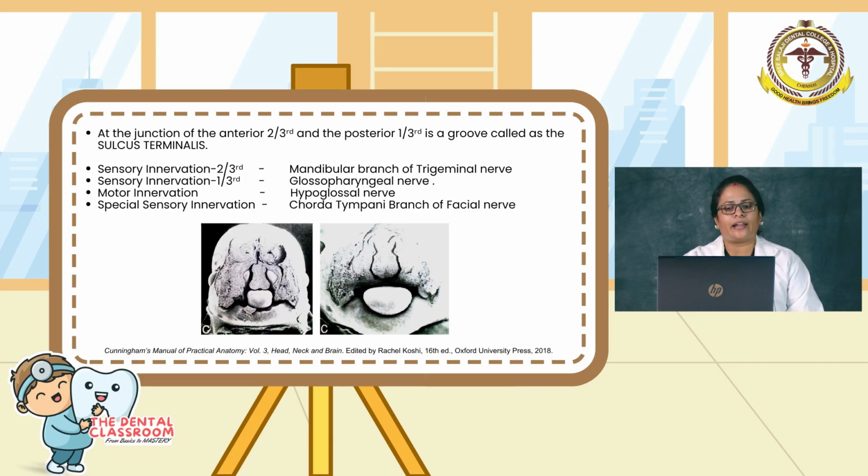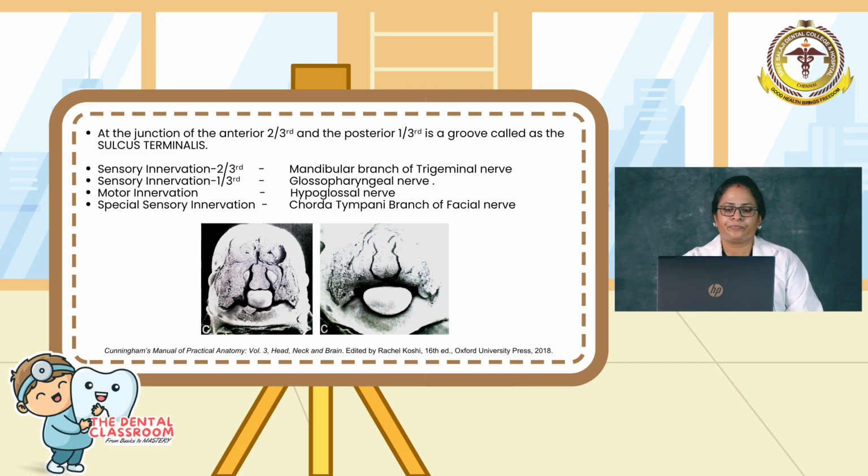At the junction of the anterior 2/3 and the posterior 1/3 of the tongue lies a groove called the sulcus terminalis. The tongue receives rich innervation from multiple cranial nerves. The anterior 2/3 of the tongue is supplied for general sensation by the mandibular branch of the trigeminal nerve, and the posterior 1/3 by the glossopharyngeal nerve.